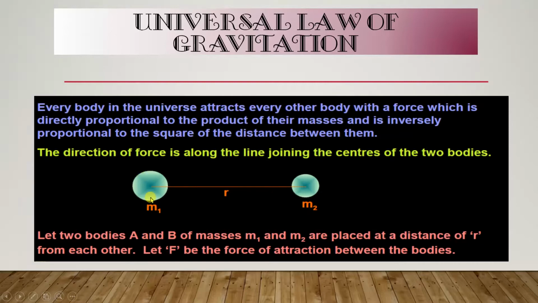If one body has mass m1 and another body has mass m2, both will get attracted due to the gravitational force of attraction, and this force is directly proportional to the product of their masses, m1 multiplied by m2. Secondly, it is inversely proportional to the square of the distance between them. Means if the distance between the two bodies is r, then gravitational force is proportional to 1 by r square. Inverse relation.